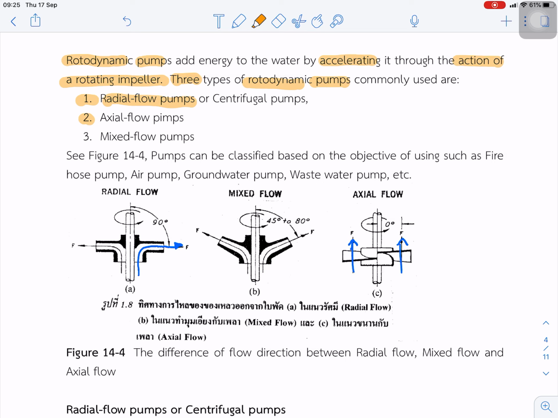And the third one is the mixed flow, where the flow is in between radial and axial flow. Okay, that is the three types of pump.